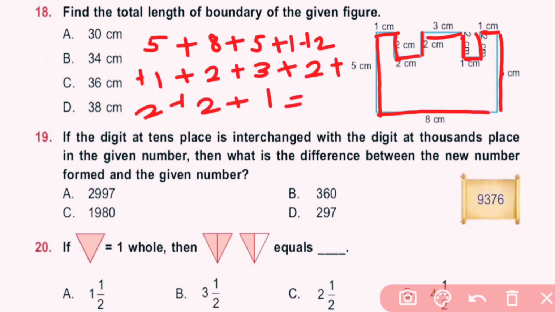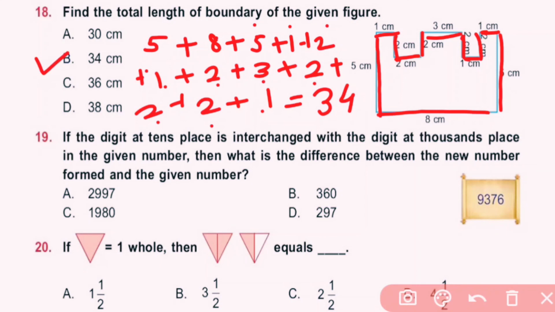So total of this is 5 plus 8, 13, 13 plus 5, 18, 18 plus 1, 19, plus 2, 21, plus 1, 22, plus 2, 24, plus 3, 27, plus 2, 29, plus 2, 31, plus 2, 33 and plus 1, 34. So B is the right answer.